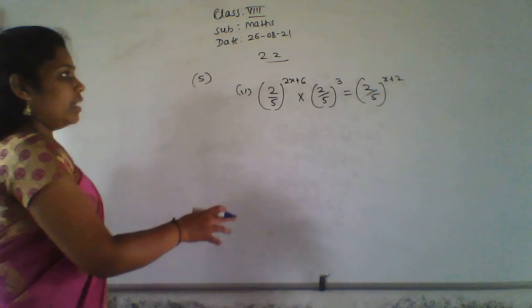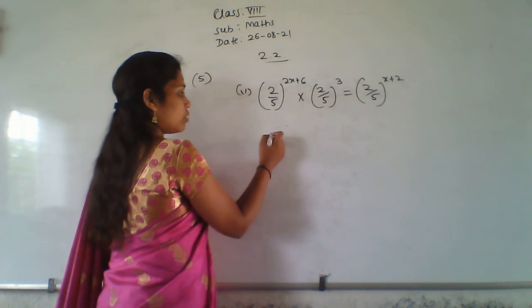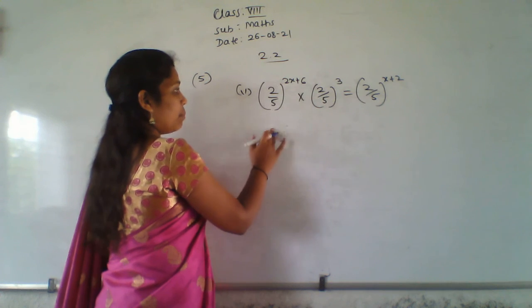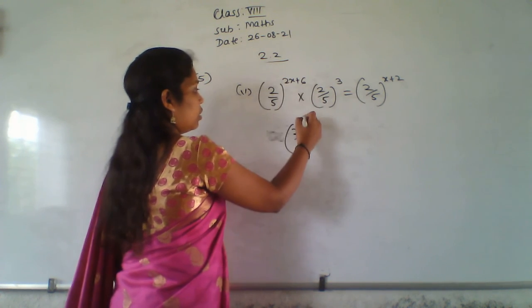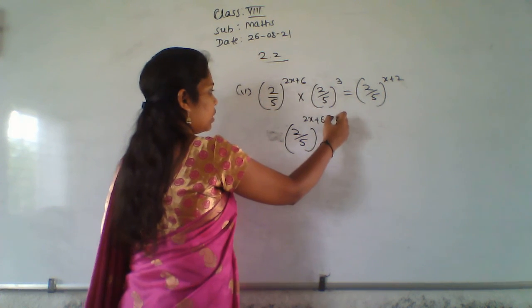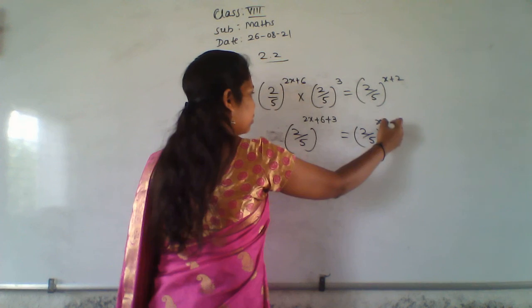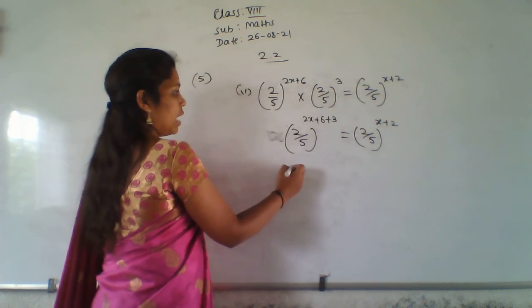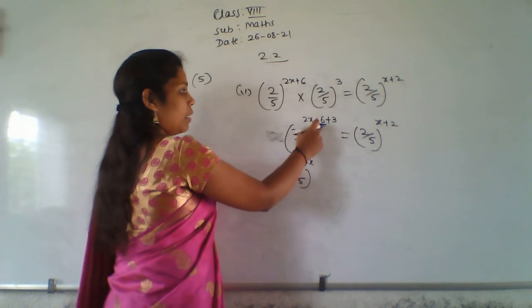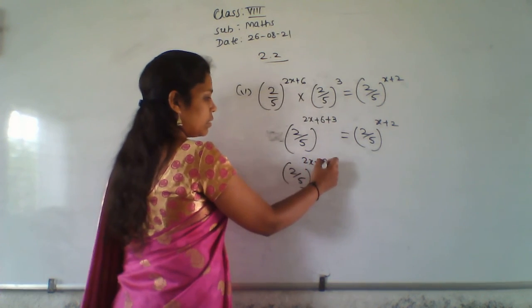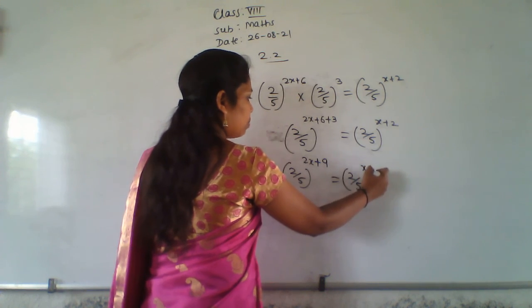See here, again a to the power m into a to the power n, what is that one? a to the power m plus n. a is here 2 by 5, so (2/5)^(2x+6+3) is equal to (2/5)^(x+2). Now add those two, that is 2x plus 6 plus 3, that will be the plus 9.